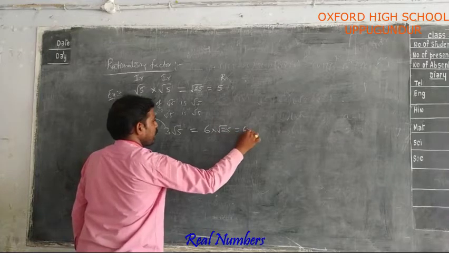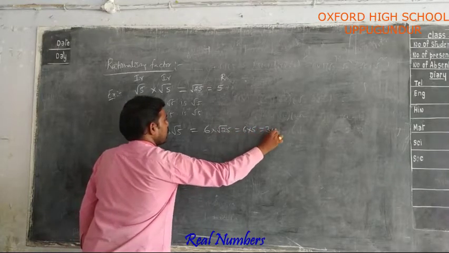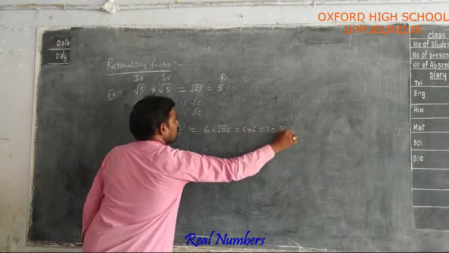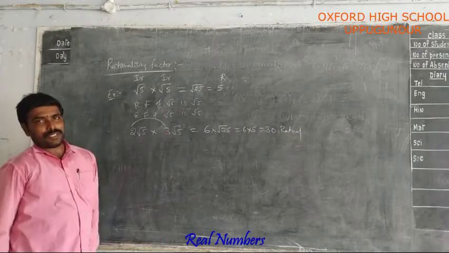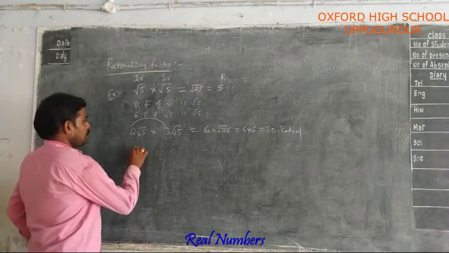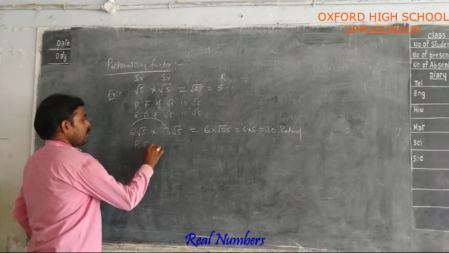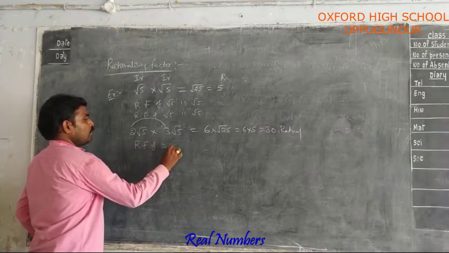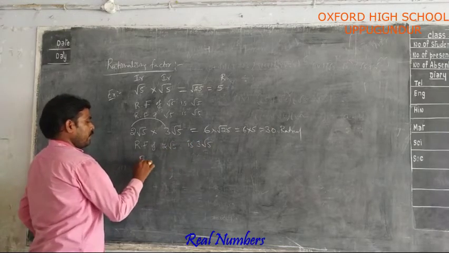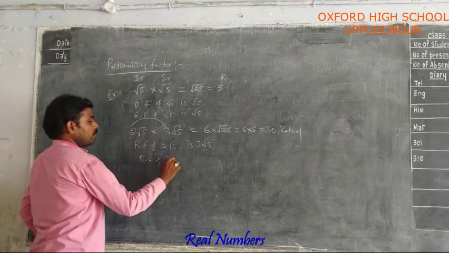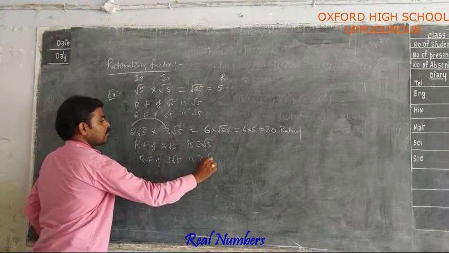Root 25 is 5, 6 fives are 30, which is rational. Now the product of these two irrationals is rational. That's why the rationalizing factor of 2 root 5 is 3 root 5, and again the rationalizing factor of 3 root 5 is 2 root 5.